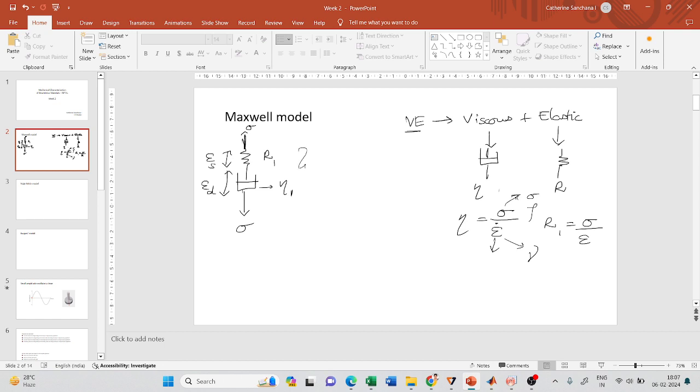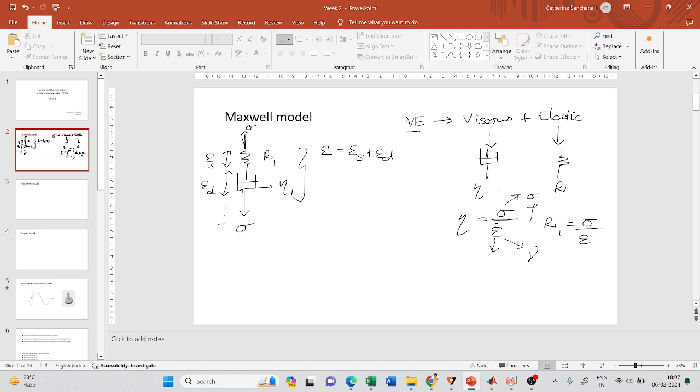So what will be the total strain undergone by the material? It will be epsilon equals epsilon s plus epsilon d. So this is the total deformation that the entire Maxwell element would have undergone, right?